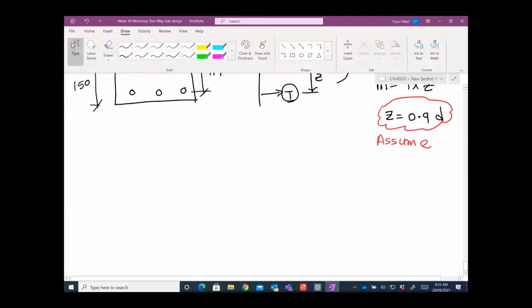So in that case, you know this story that phi Mu should be greater than your M star. That capacity of your slab or 1 meter wide strip should be greater than your demand. Let's keep it greater than.